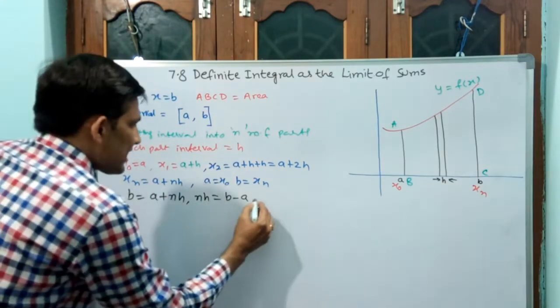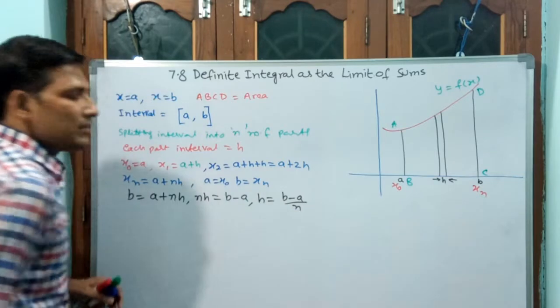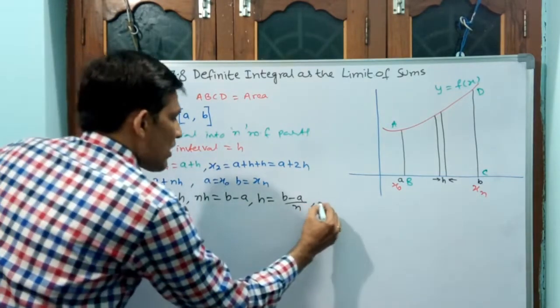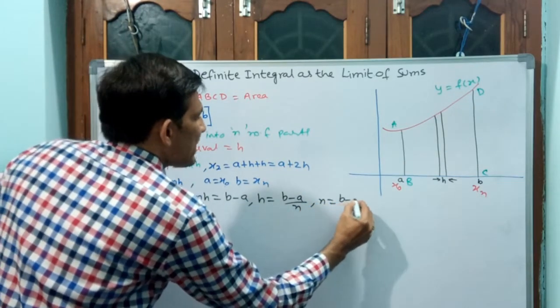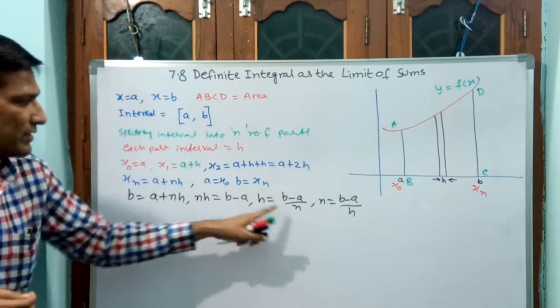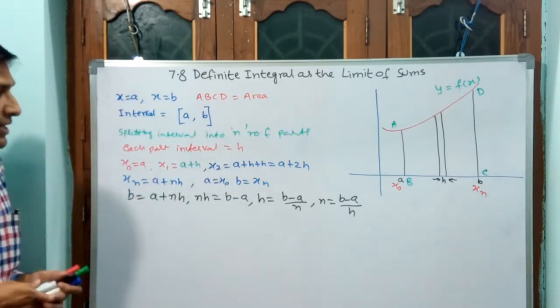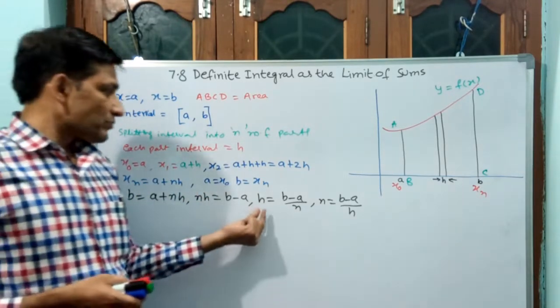Okay. If this is correct, then what about interval h is equal to b minus a by n? Is it correct? Definitely correct. Then what about n is equal to b minus a by h? Is it correct? This is also correct. Why? Because you are sending h, n this side and h going to be in denominator. Okay. See, here you have to understand.